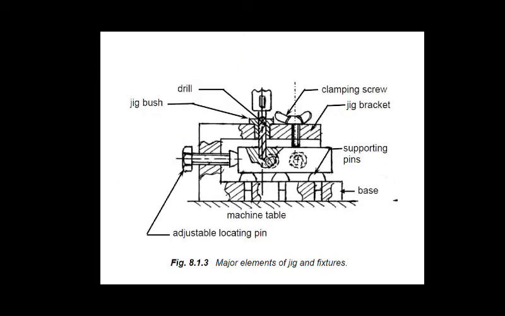Now let us see the elements of jigs and fixtures. Here you can see the various elements. The first element is the body.